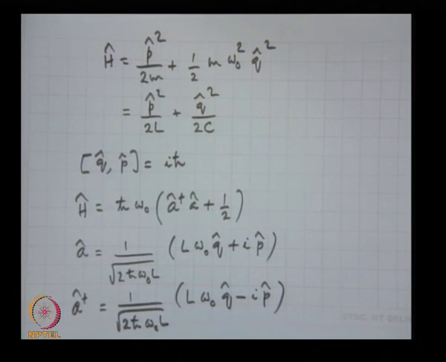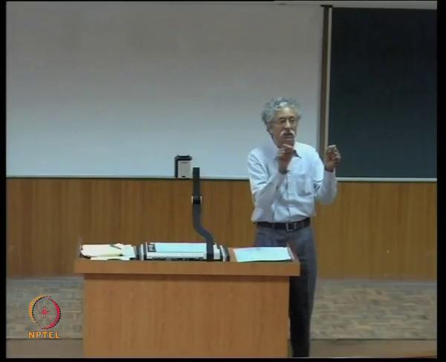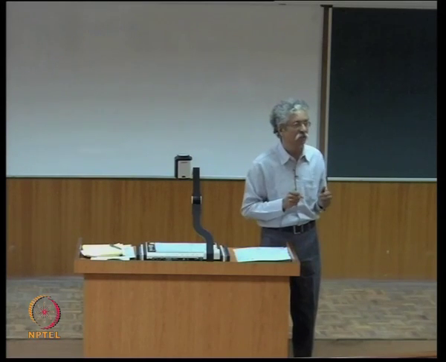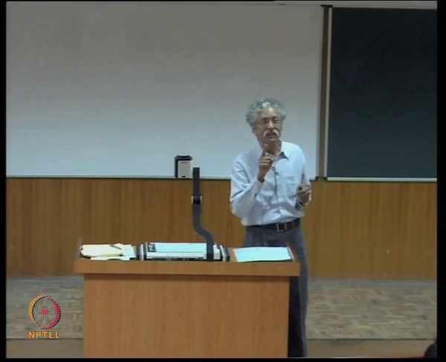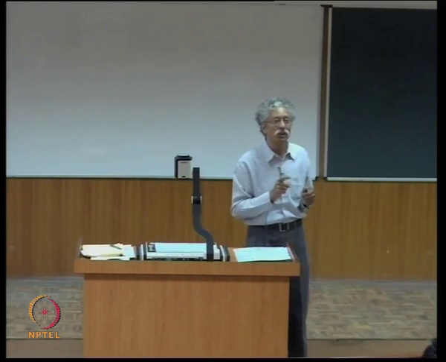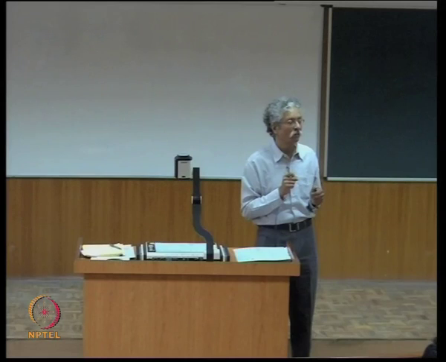So I should be able to describe that quantum mechanically. Please remember I told you that the mass-spring system which is oscillating is not in one of the energy eigenstates, because if it was, the expectation value of position would be 0. And that's not what it is.